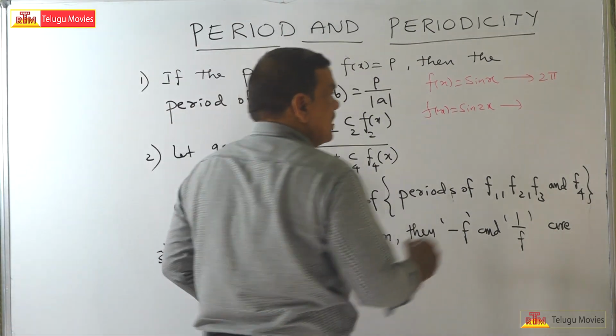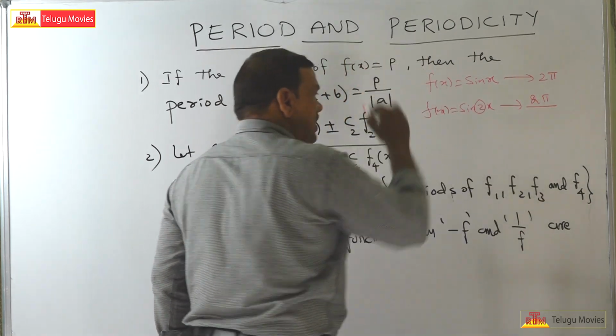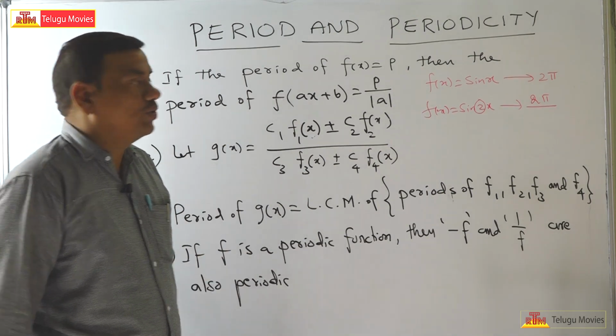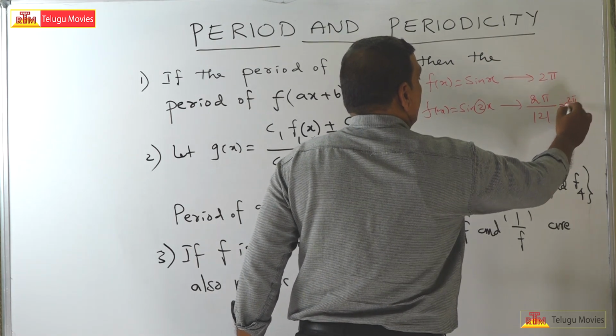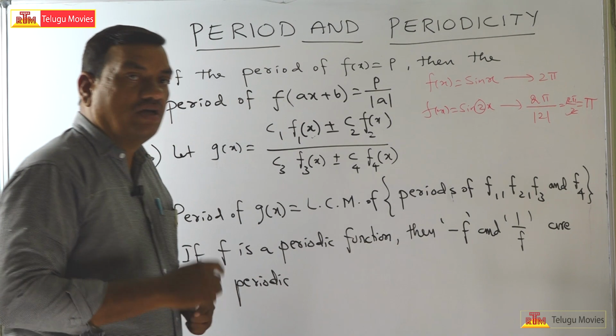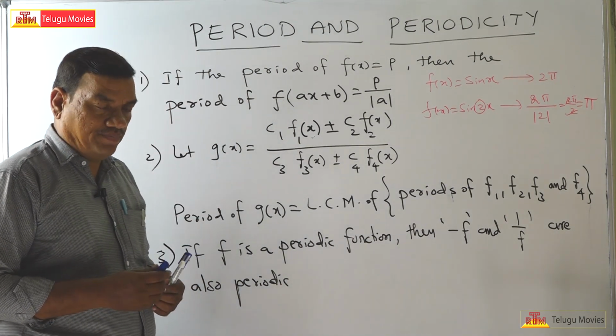This is nothing but 2 pi upon the coefficient of x. What is the coefficient of x? 2, modulus of 2. 2 pi by 2, the 2 will get cancelled, pi. Therefore, the period of sin 2x is pi only.